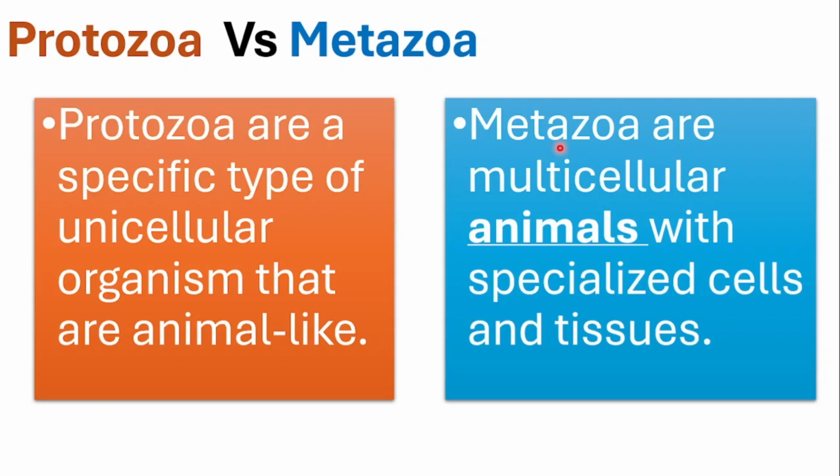So cats and dogs and tigers all are part of this category. They all belong to metazoa. So metazoa are multicellular animals with specialized cells and tissues. So we have protozoa and metazoa. Protozoa is a subgroup of unicellular organisms, and metazoa is a subgroup of multicellular organisms.